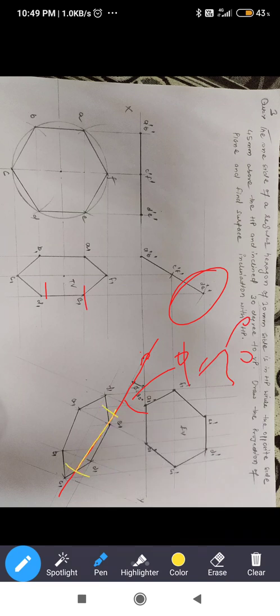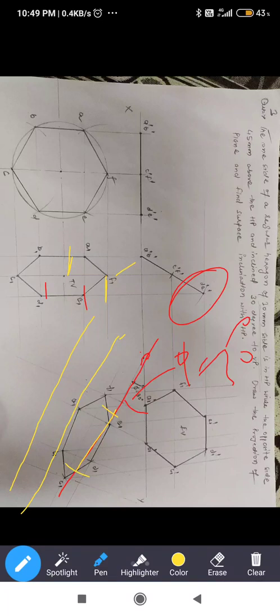Then take this projection line and transfer all these distances, and draw this projection line lightly with a 2H pencil.